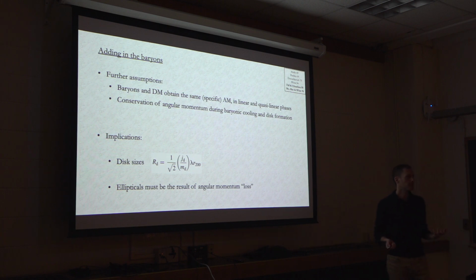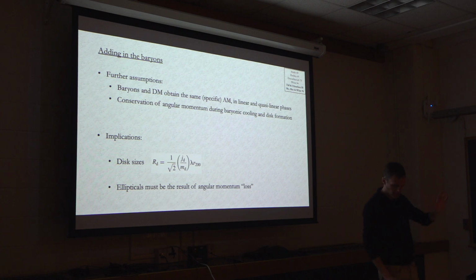So for determining the baryonic or stellar angular momentum, one has to make further assumptions. One assumes that the baryons and dark matter obtain the same specific angular momentum during the linear phase, and then once the angular momentum stops being conserved for the dark matter, as baryons collapse to the centers of halos, they also keep the angular momentum that they gained in the linear phase.